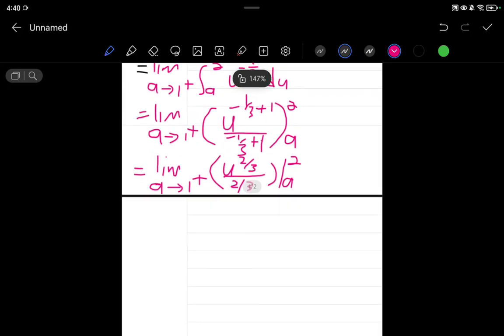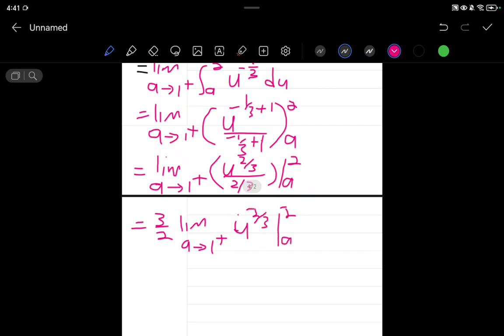And then that over 2 over 3, I can just take it out as 3 over 2, as a approaches 1 from the positive of u to the 2 over 3, from a to 2.